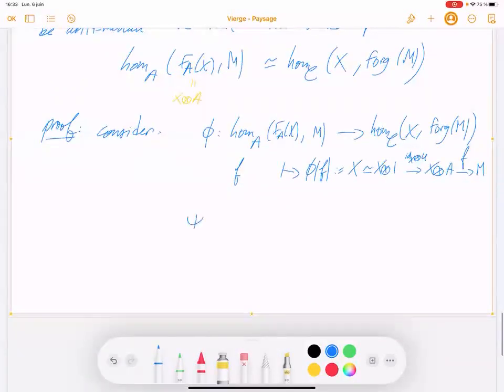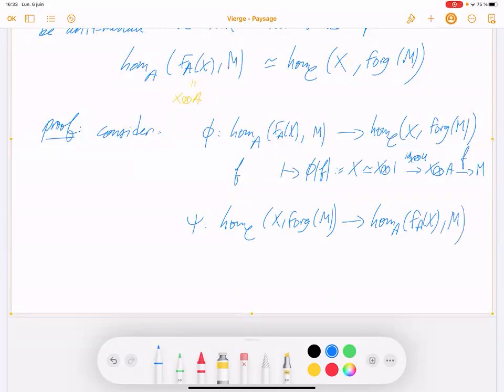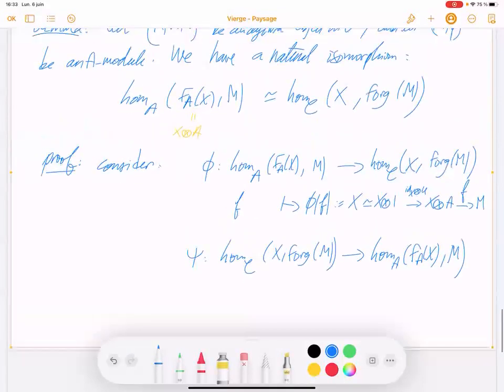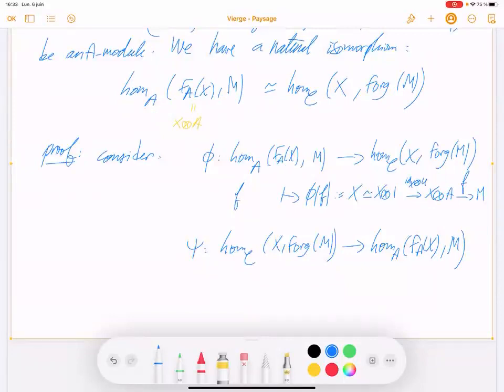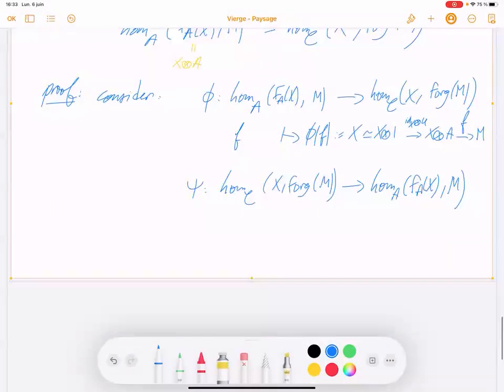And the other one, from Hom_C(X, Forget(M)) to Hom_A(FA(X), M). So a morphism g maps to psi of g, defined as the following composition.